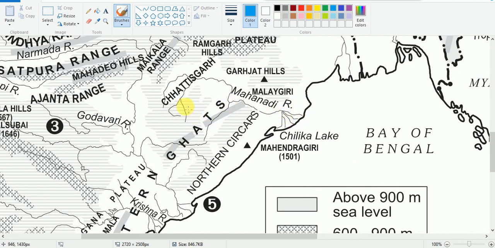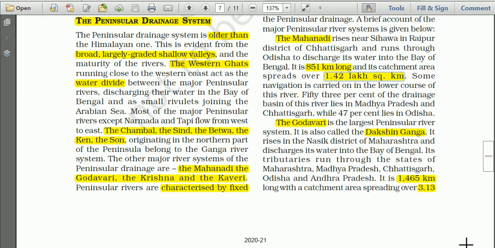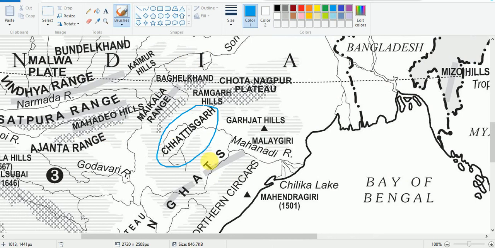So here Chhattisgarh is, and it is originating from the Chhattisgarh state, as mentioned here, in Sihawa. It rises near Sihawa in Raipur district of Chhattisgarh. From here it is originating, then runs through Orissa state, and thus falls into the Bay of Bengal, thus forming deltas.